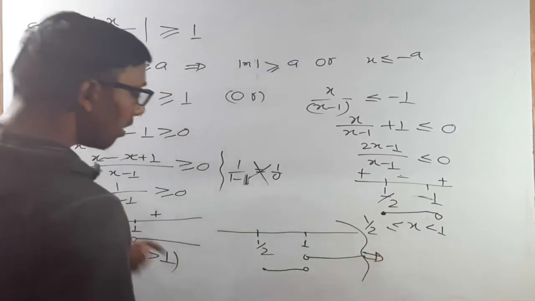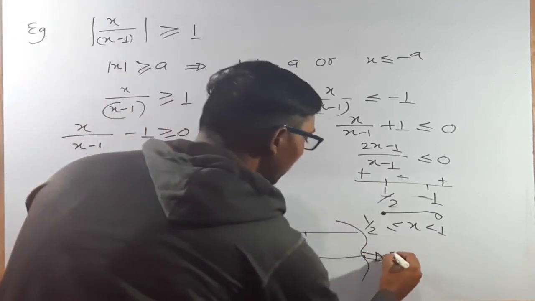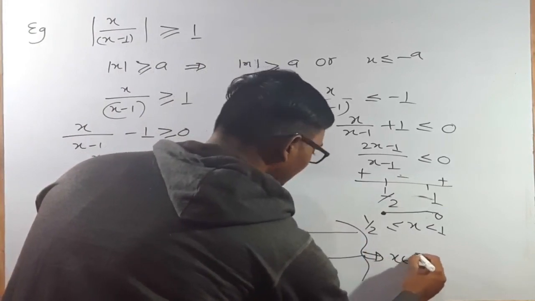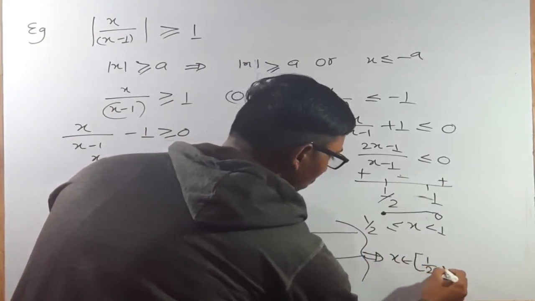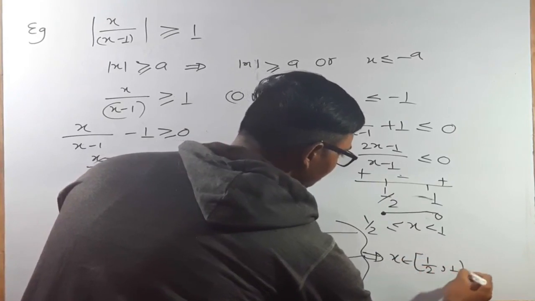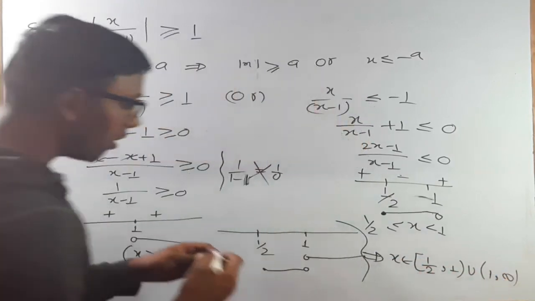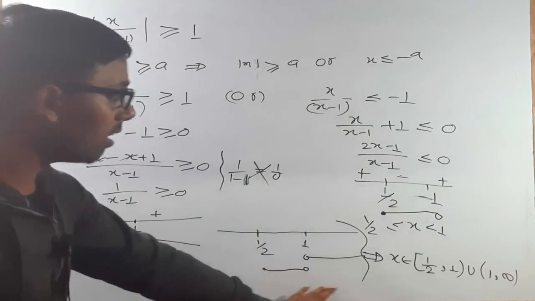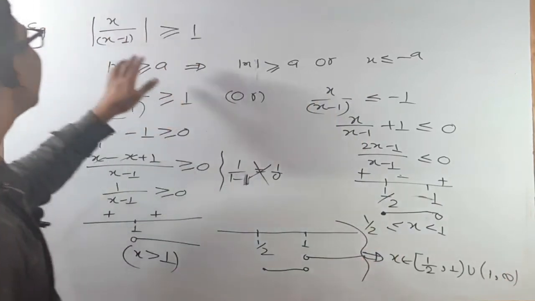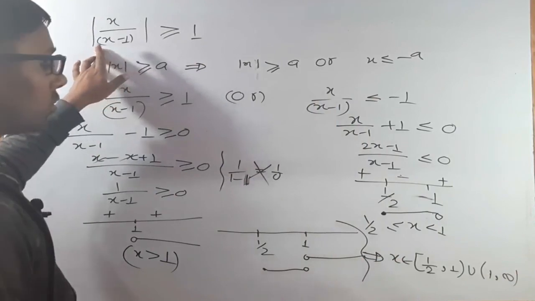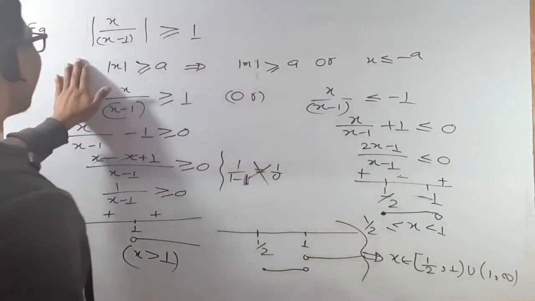So we are going to take the union. So x belongs to the closed bracket 1 by 2 to 1, union 1 to infinity. 1 cannot be included in the values of x, otherwise this is going to be undefined. So these are the values of x for which this inequality will be satisfied.